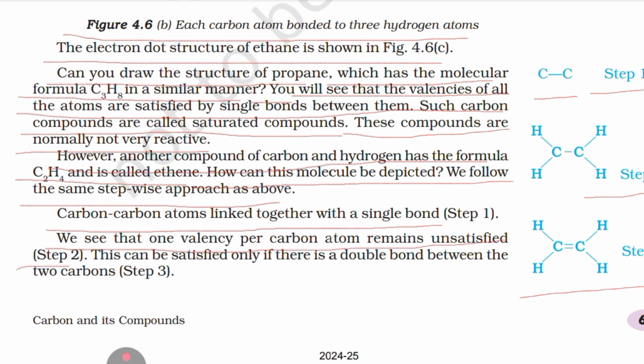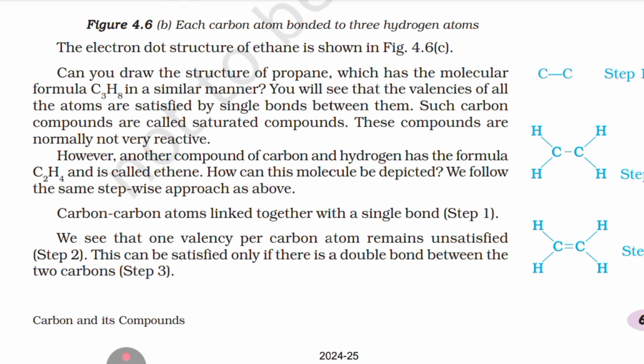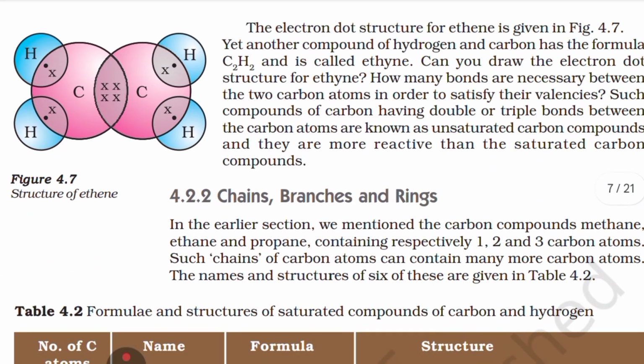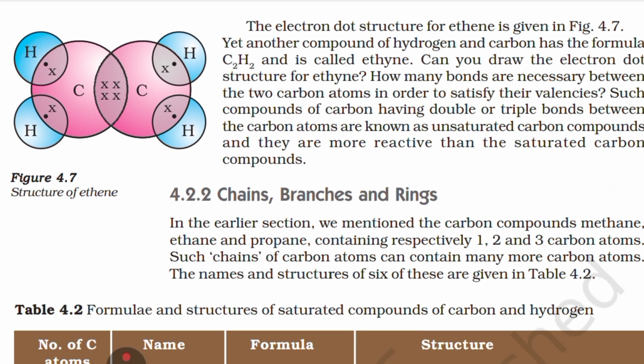Step 2: this can be satisfied only if there is a double bond between the two carbons. Step 3: complete the structure with hydrogen. Figure 4.7, structure of ethene.